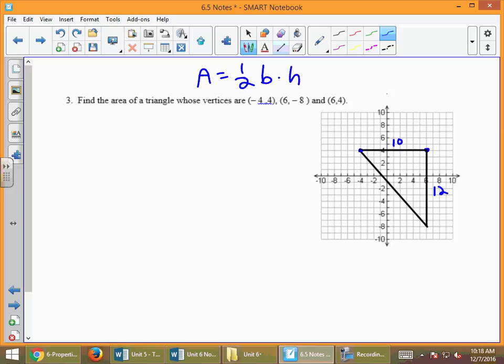So, do Pythagorean theorem? No, you don't need to. All I need is the base. This side, the diagonal, would not. So what I need to do is just simply plug it into the area formula. It's a 5, 12, 13.